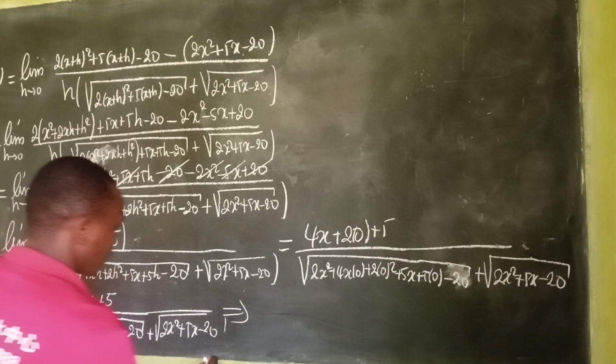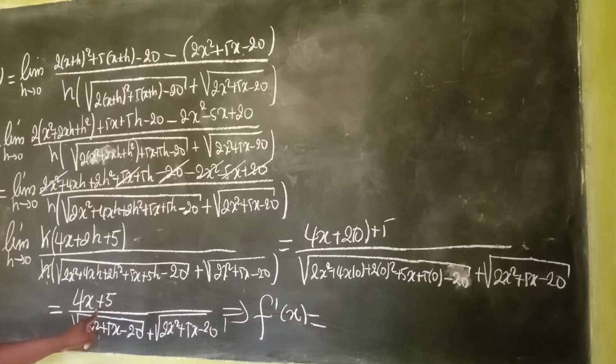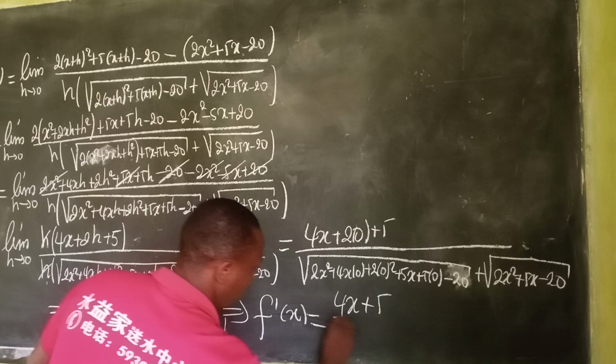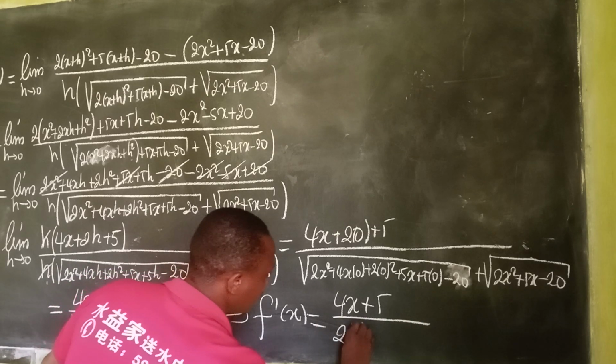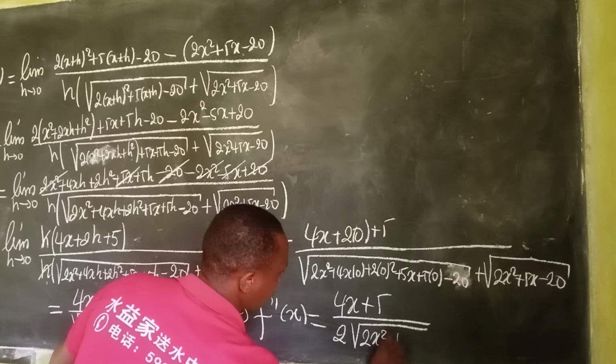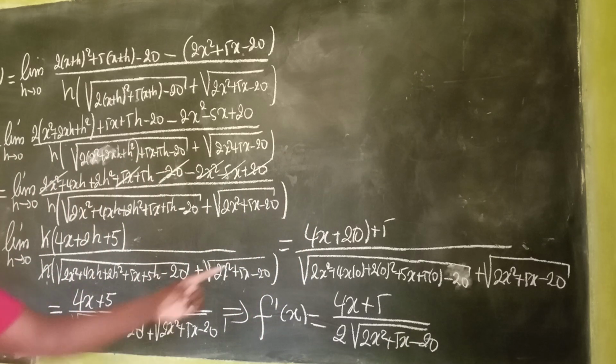This means our derivative is thus 4x + 5 over 2 into the square root of 2x² + 5x − 20.